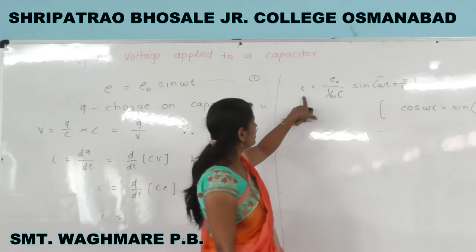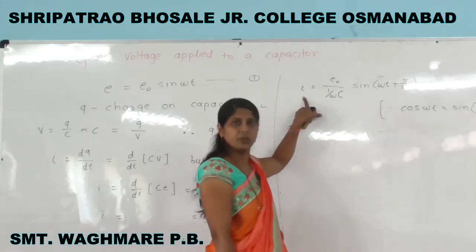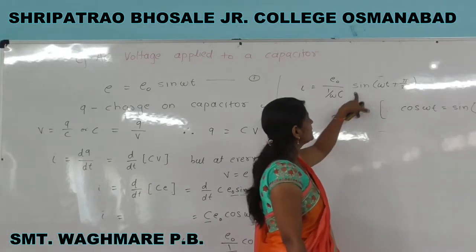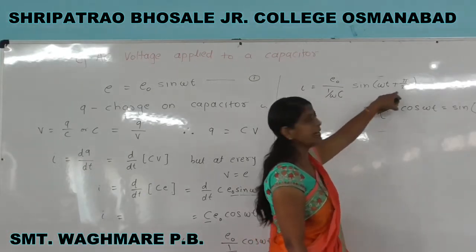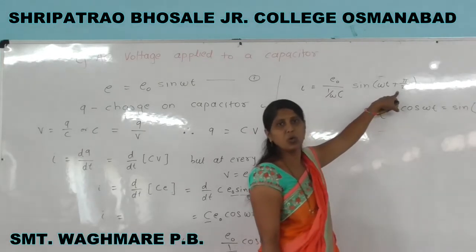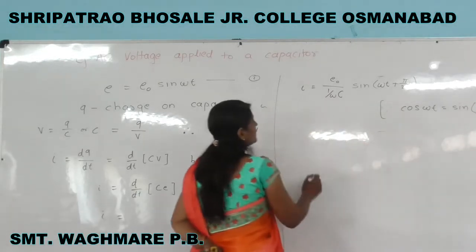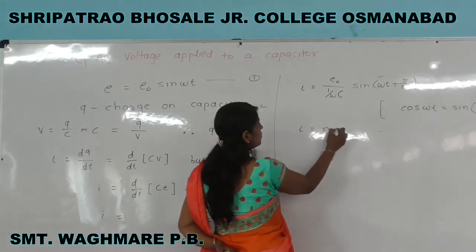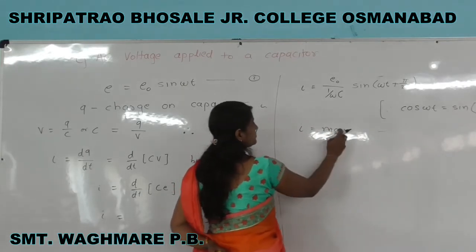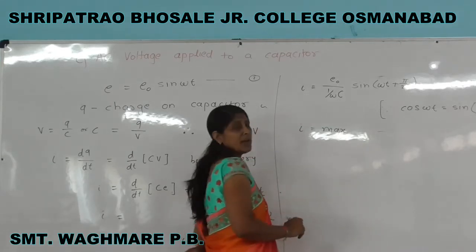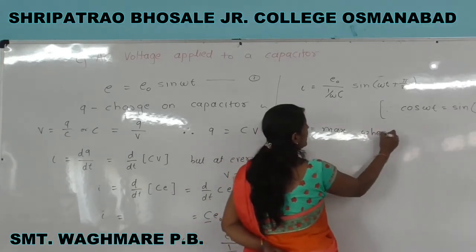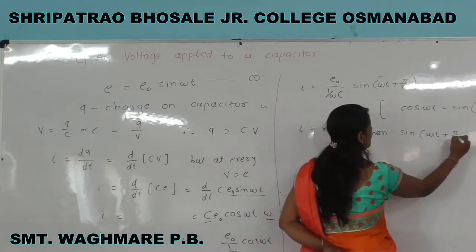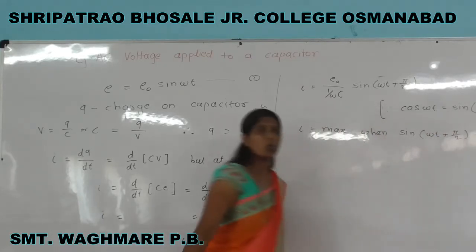The value of this equation will be maximum when sine of omega t plus pi by 2 is equal to 1. Therefore, I is equal to maximum. I will be maximum when sine of omega t plus pi by 2 is equal to 1.